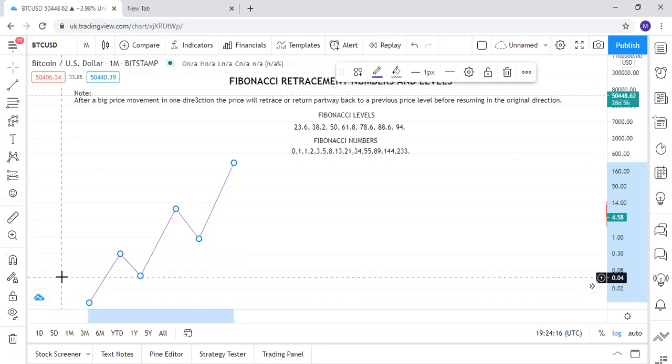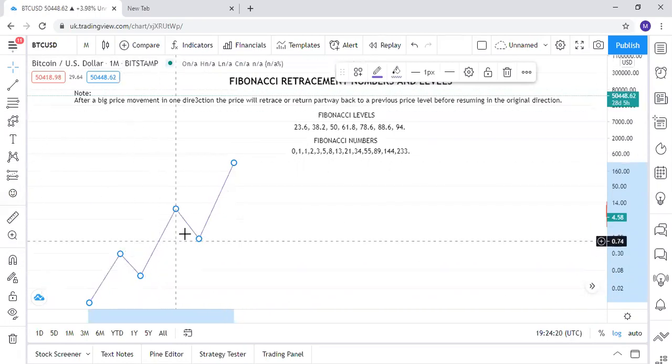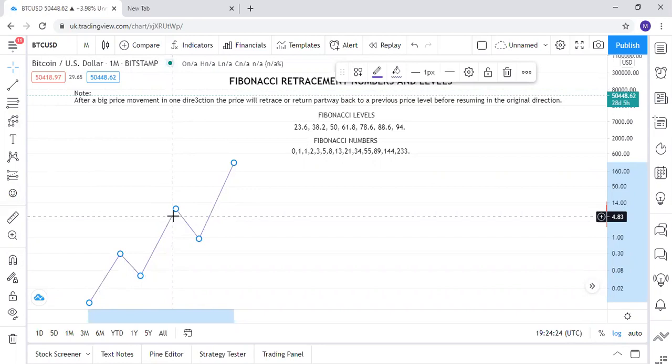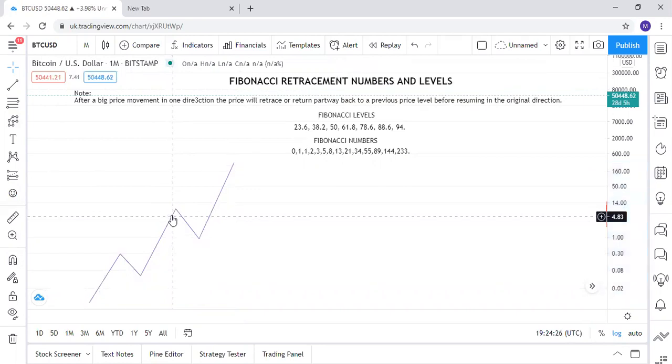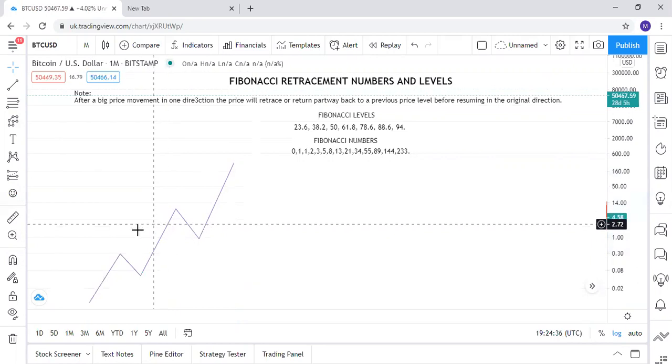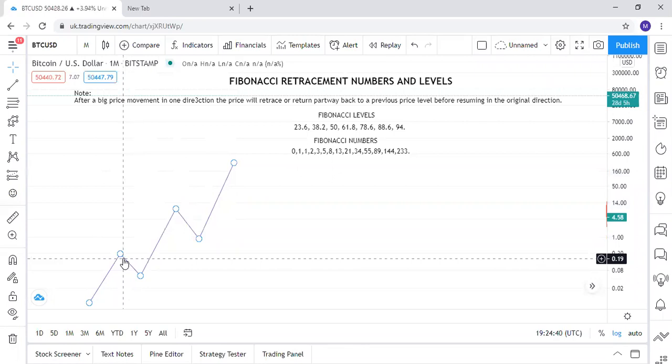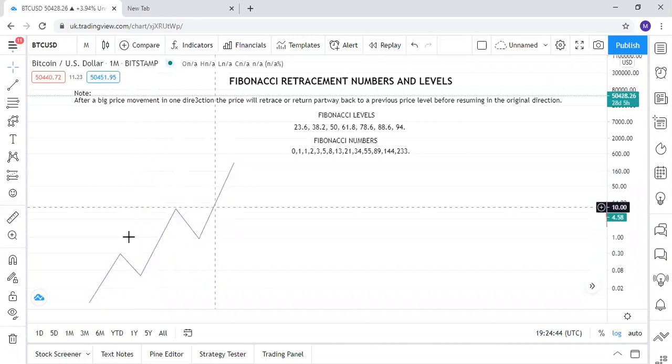In an uptrend, we take the Fibonacci level from the downswing to the upswing, from the higher low to the higher high. That's how we draw the fib level and mark our retracement level in an uptrend.